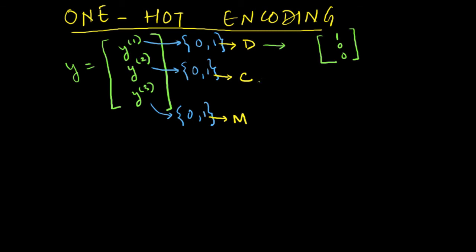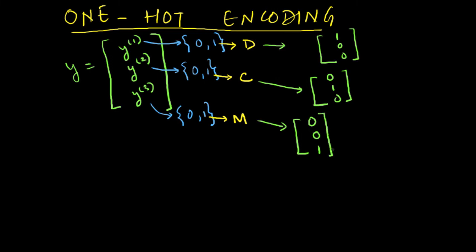If it is representing a cat, then it will be 0 1 0, and if it is representing a mouse, it will be 0 0 1. So this is how our output data set looks like for the given data set.